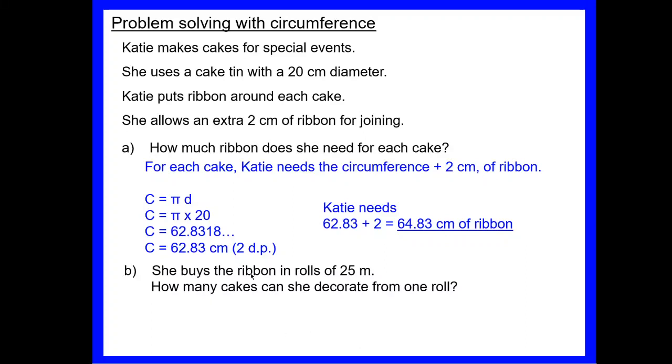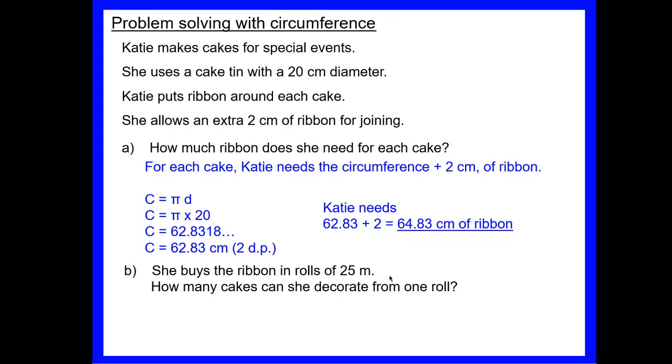It says now then she buys the ribbon in rolls of 25 meters. How many cakes can she decorate from 1 roll? Well, the first thing to notice is that that's 25 meters, and we know our length as 64.83 centimeters. So as with all maths, we need our units to be the same before we continue.